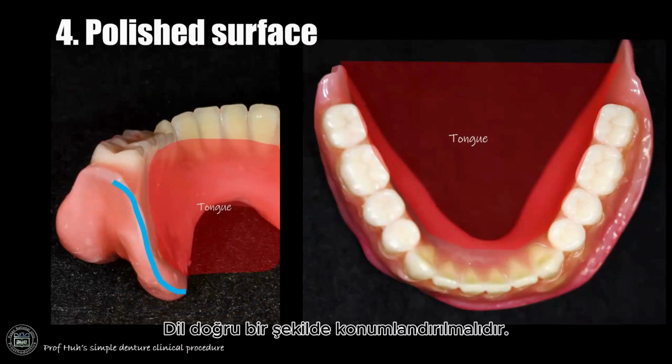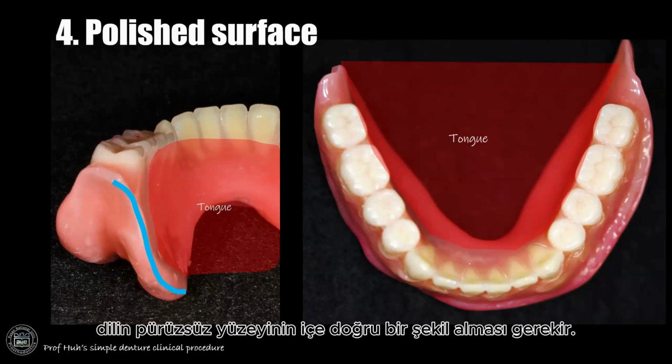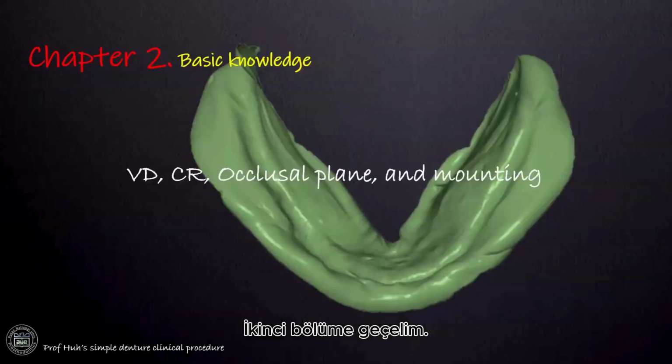So the tongue has to be positioned properly on the lingual polished surface, okay? To make that kind of rest position of the tongue, you have to make a concave shape of the lingual polished surface. Okay, let's move to chapter 2.